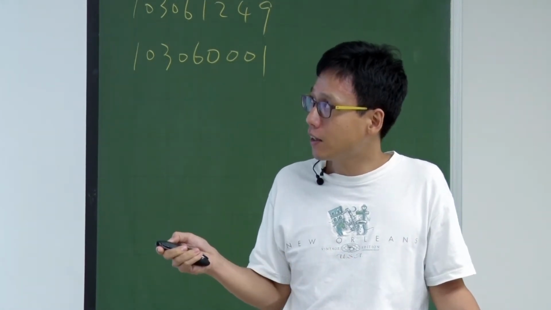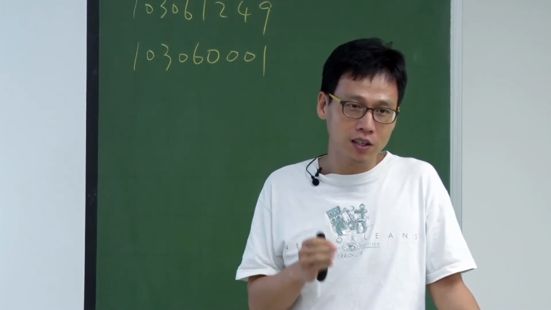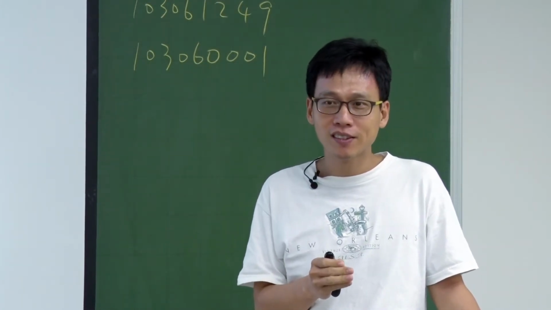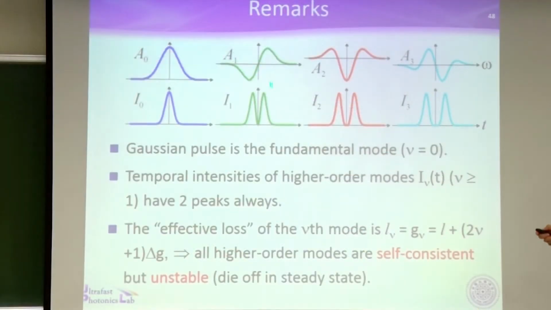On the other hand, all the other projections will die off because they see higher effective loss. So in practice, you cannot observe them. Self-consistent, but not stable. So that's why you always observe this, the fundamental solution, a Gaussian pulse.